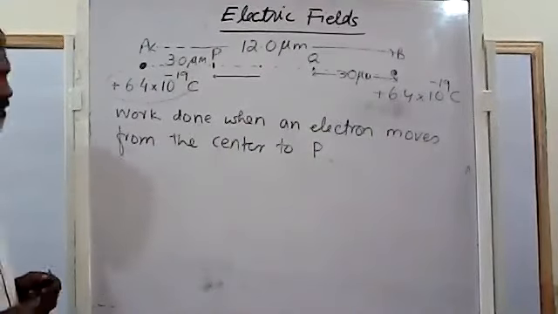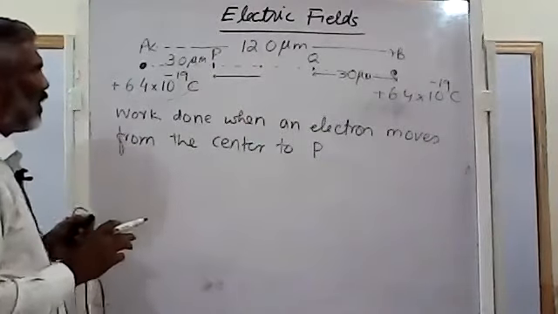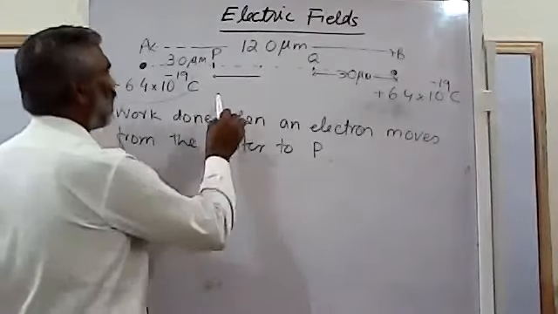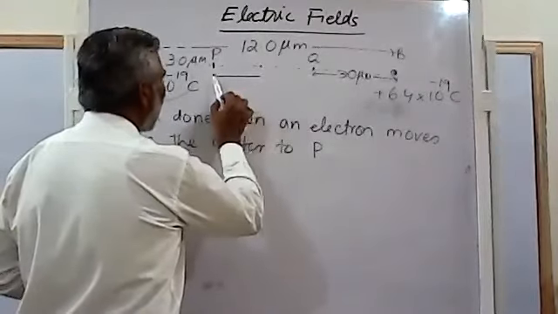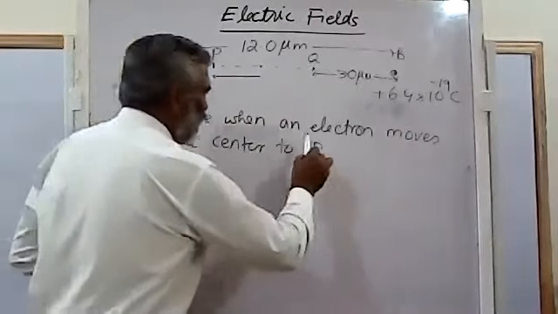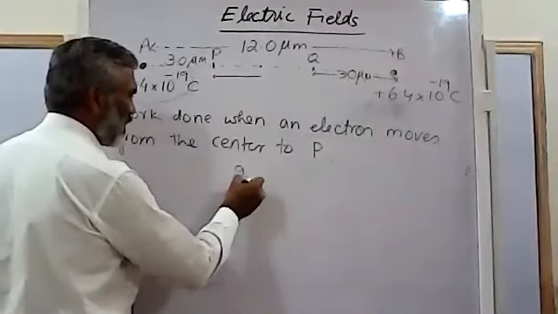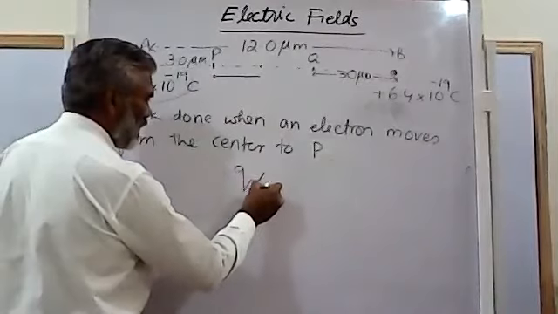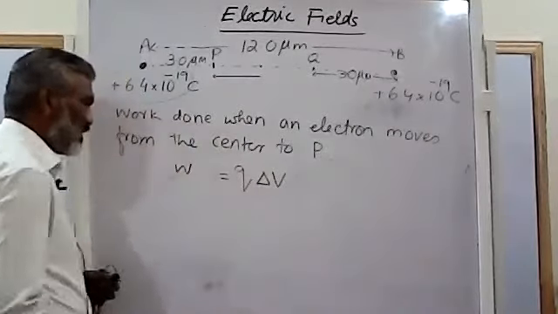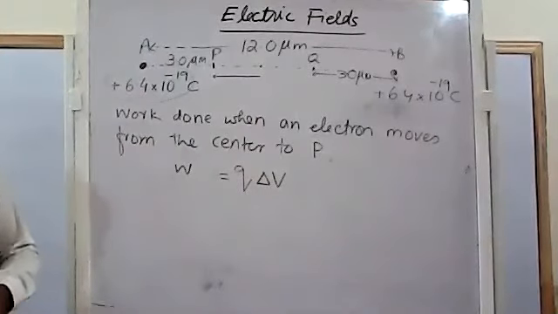This involves many calculations before you calculate this work. But the main idea is, if I know the difference of potential between these 2 points and multiply by the charge of an electron, I can calculate the work involved. So Q delta V is equal to work. This is the equation that you learned in the AS, if you remember.